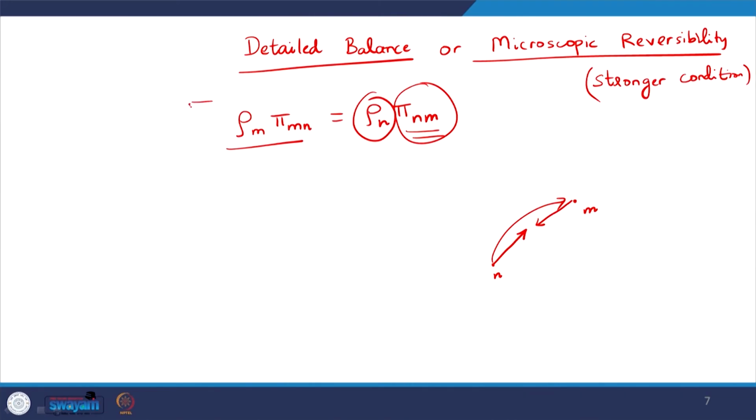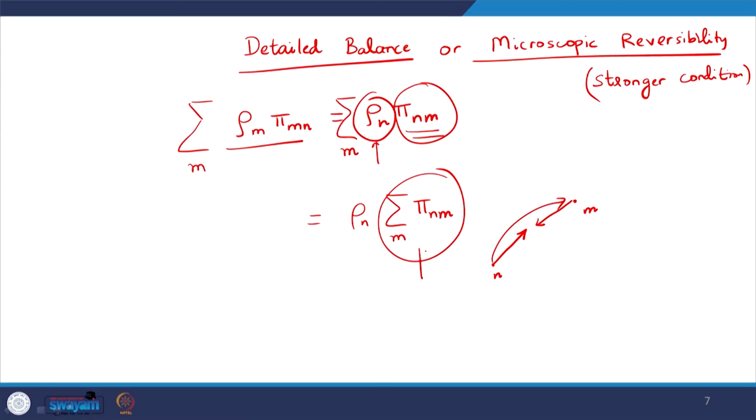So, let us say for example, if I sum both sides over m here, on the right hand side rho n does not depend on m, so I can move that to the other side. So, we have rho n sum over m pi nm, and what is that? I am basically adding the transition probability of starting from state n and going to every other possible state. So, m is a sum over every possible state. So, pi nm must sum to 1, because from state n I can only go to the available state space.